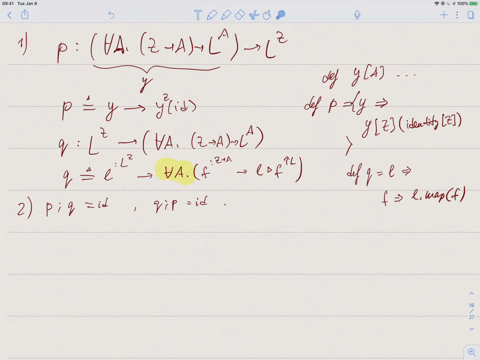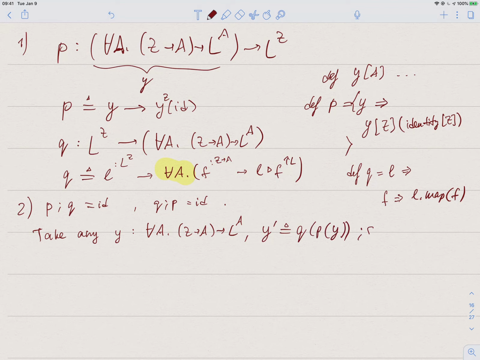So let me take an arbitrary Y of this type, and apply P to it, and then apply Q to the result. So I define Y prime as Q of P of Y, and I need to show that Y prime is equal to Y. How do I do that?